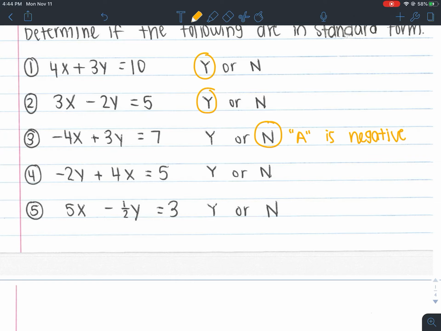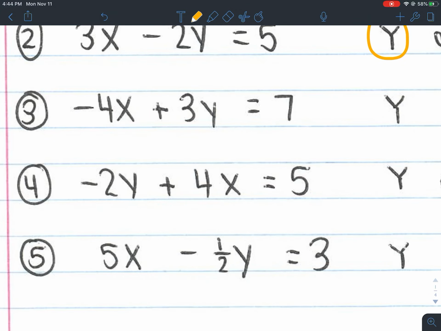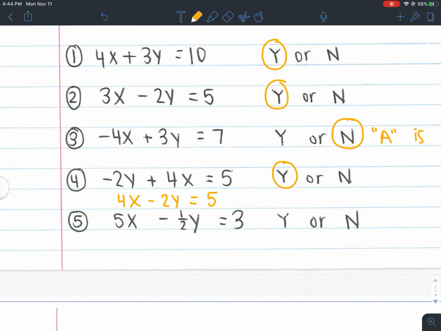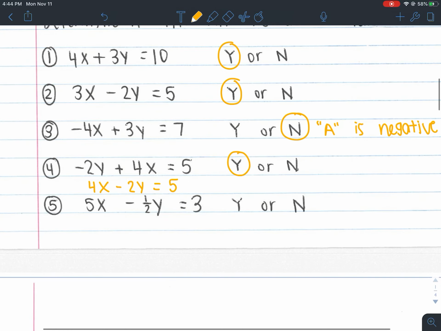Well, what's your a here? Your a is 4. Remember, a is attached to x. It's ax plus by equals c. Your a here is 4. Your b here is negative 2, and your c is 5. So it's out of order. But is it standard? Yes, it is in standard. It's just flipped around, so it tricked you.